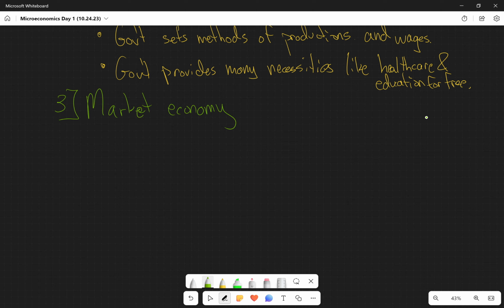And again, this is the most similar to ours, but like I said, there are some parts of our economy that are more related to the tenets of command than market. But a market economy is one where, and this is important, economic decisions are decentralized.